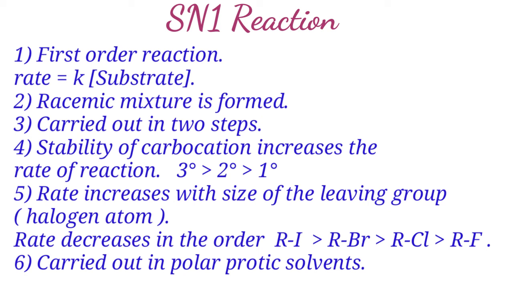The rate decreases in the order alkyl iodide greater than alkyl bromide greater than alkyl chloride greater than alkyl fluoride. Next point, the SN1 reaction is carried out in polar protic solvents like water, alcohol, acetic acid, etc., and with a weak nucleophile. We are using a weak nucleophile in the SN1 mechanism.